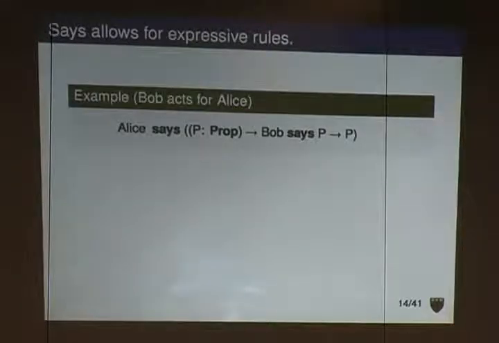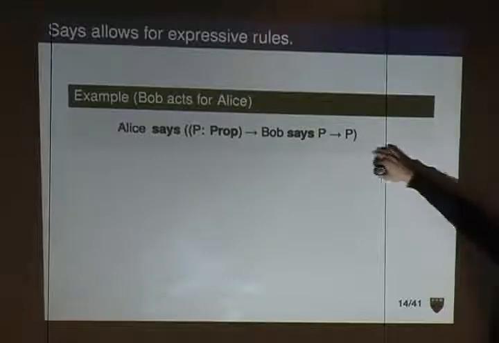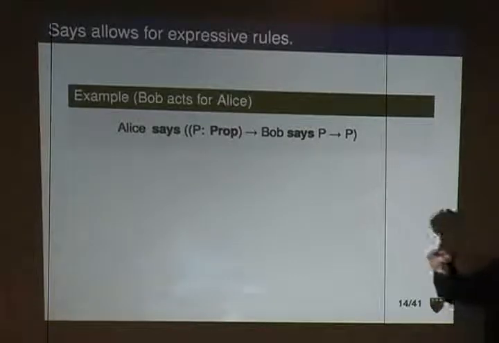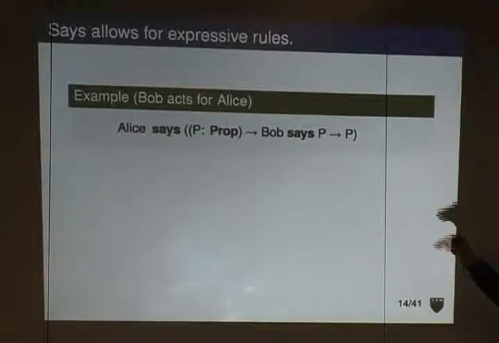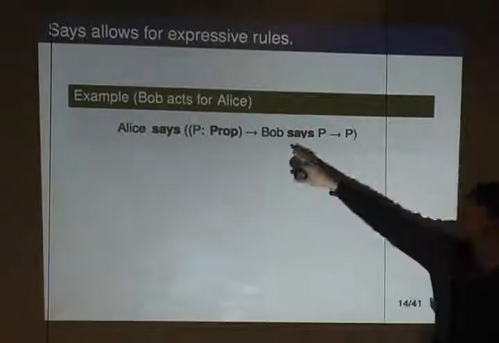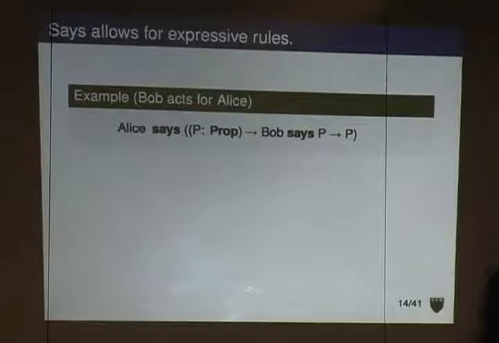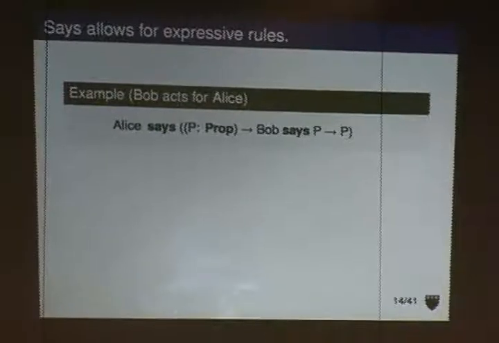So what can we do with this? Well, one thing that's really cool is using a flexible language for policy, we can write a rule like this. So here we say, Alice says that if P is a proposition and Bob says P, then P is true. What's going on here is Alice is saying that no matter what Bob says, she thinks it holds.